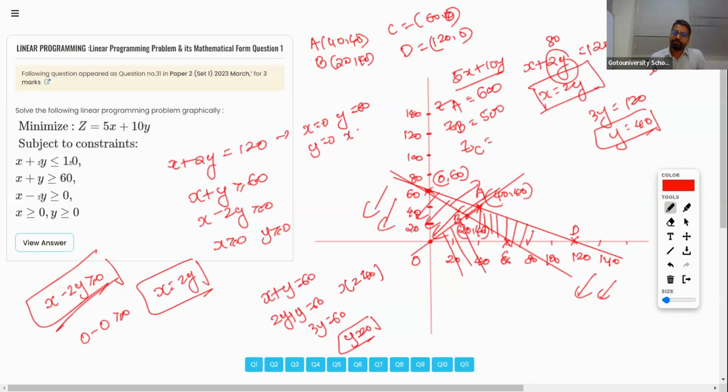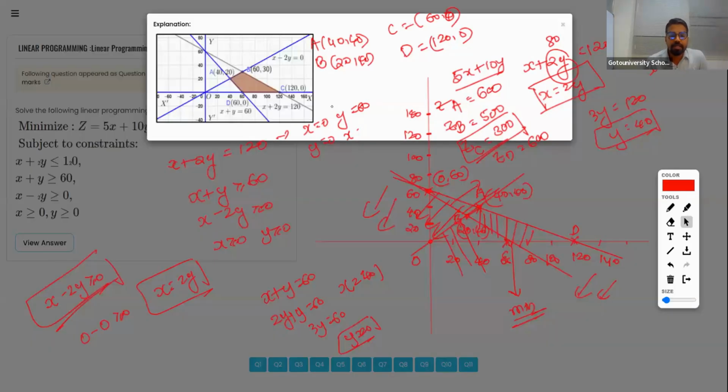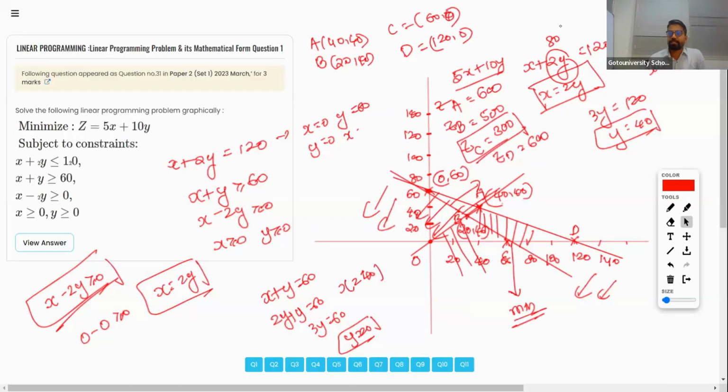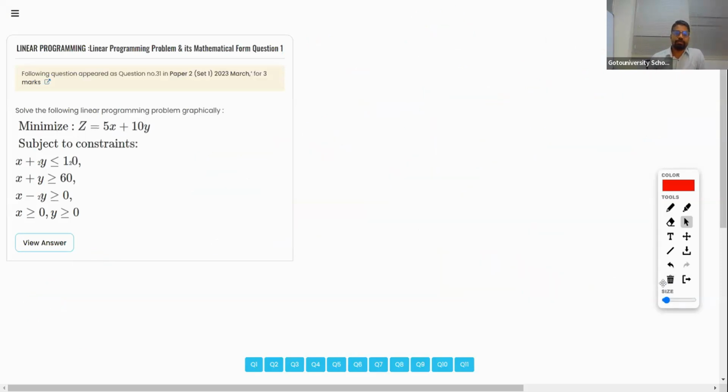So 5 into 60 is 300 plus 0. And at D, 120 into 5, which is 600. So our optimal point is C. This is where we can minimize our expense. So is our answer matching with the graph? Let's see. Yes, our answer is 60, 0. That's in the feasible region. Okay. Yes. Let's go for the next question quickly, shall we? Yes. Two more questions we can solve.